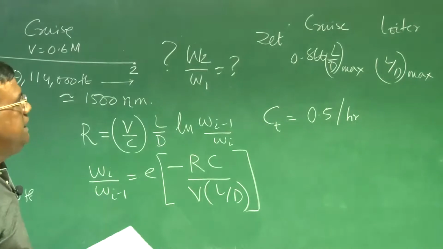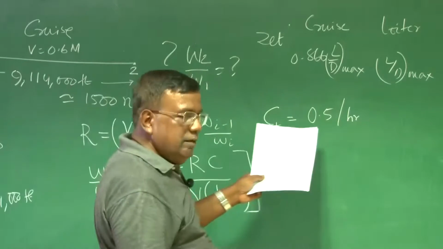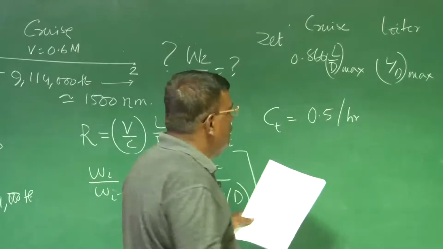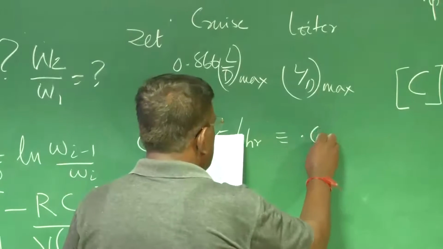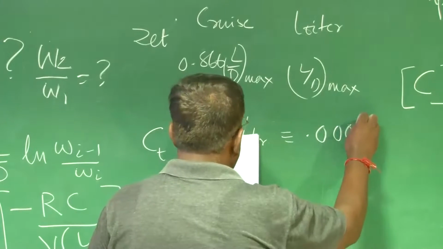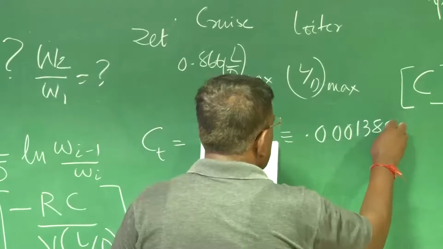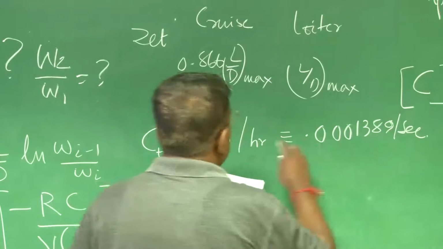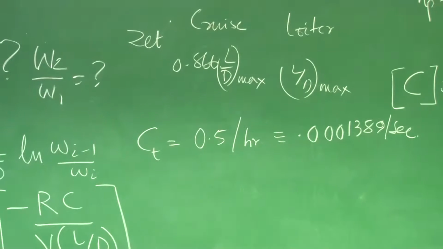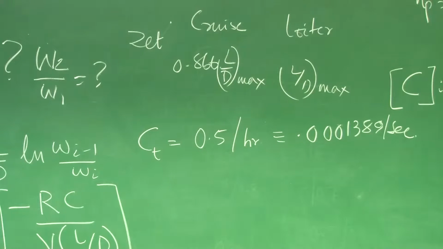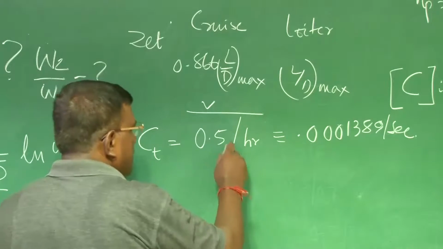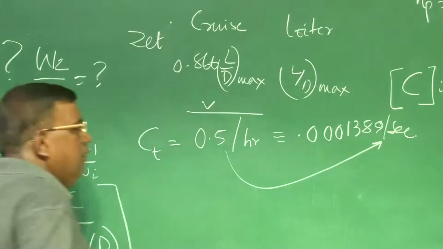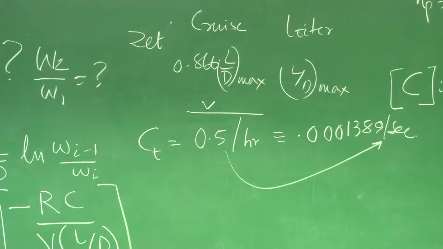But we know that CT I have to convert into per second because I am working in FPS. So this is equivalent to 0.0001389 per second, just divided by 3600. So now I am consistent. Although it is given per hour, I have to convert it into per second. I will be using the FPS system of units.